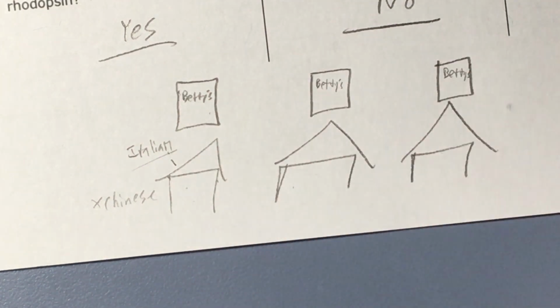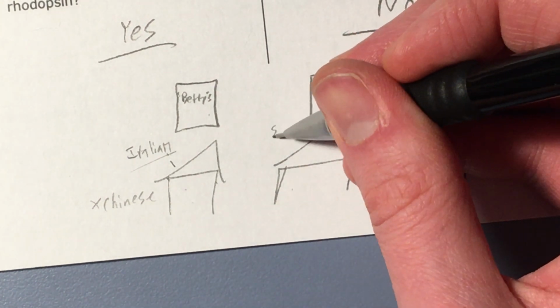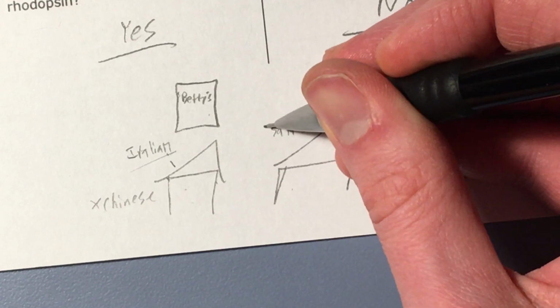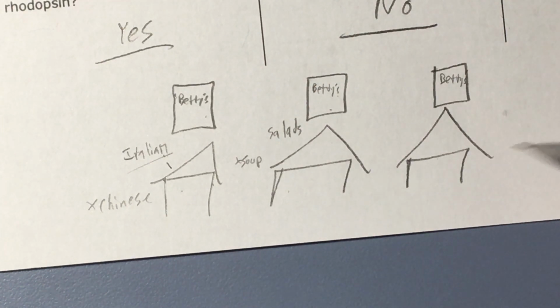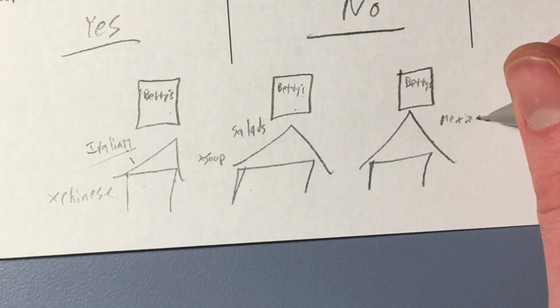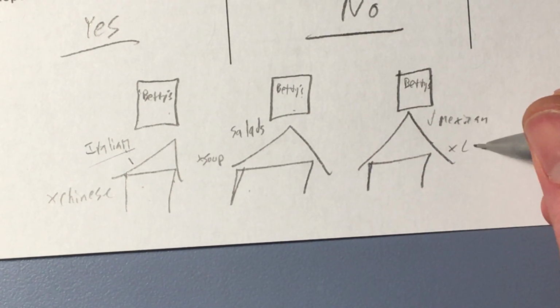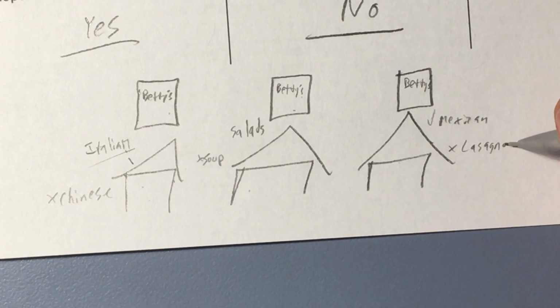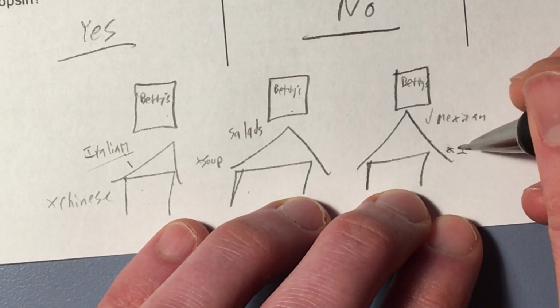They don't like Chinese food. Let's say that these people over here, they love to make salads, and so they read all of the salad recipes in here, but they hate soup, so they don't like to read soup, okay? Let's say here that they love Mexican food, so they are going to be making a ton of Mexican food. And let's say that they hate lasagna, so they're not going to read the lasagna. Okay, maybe let's actually change this. Let's say that they hate Italian food, okay?